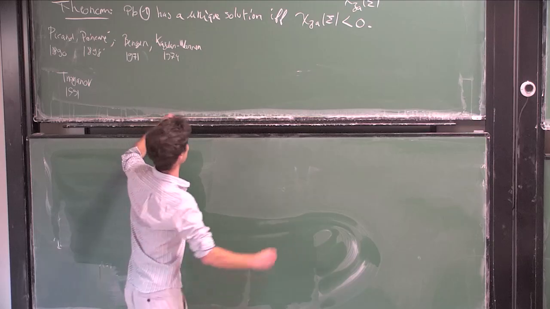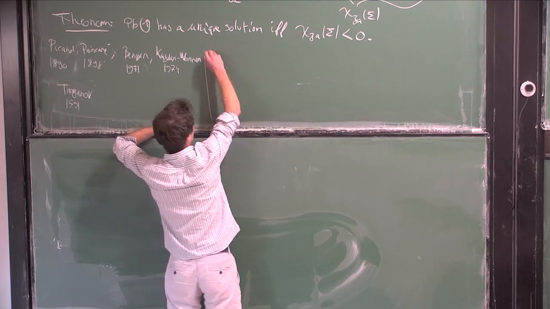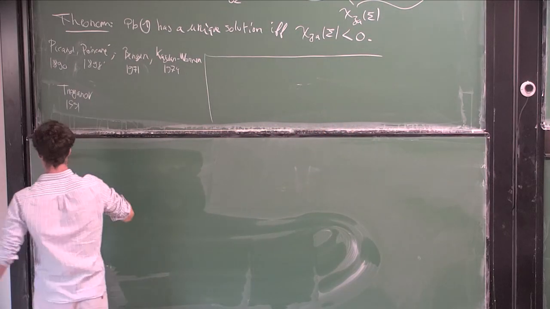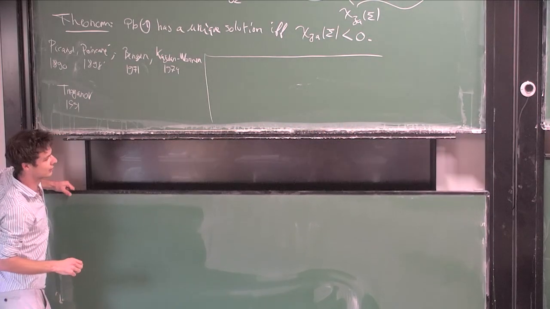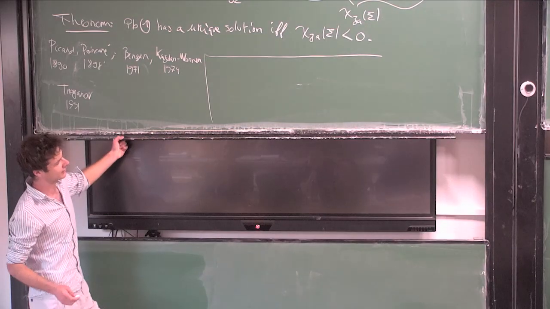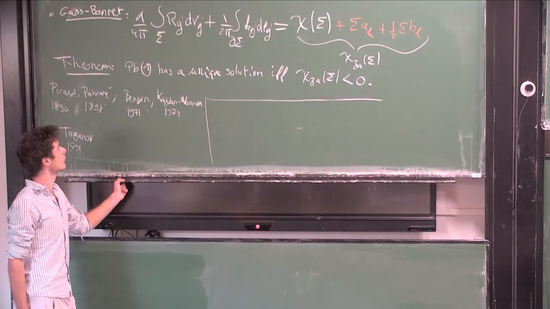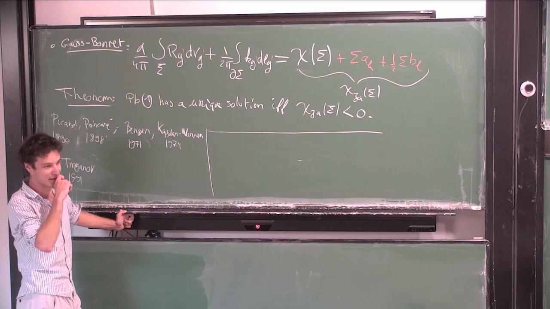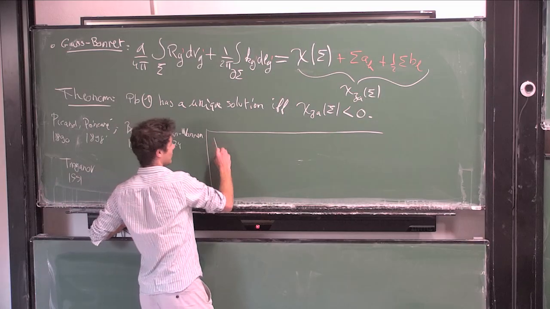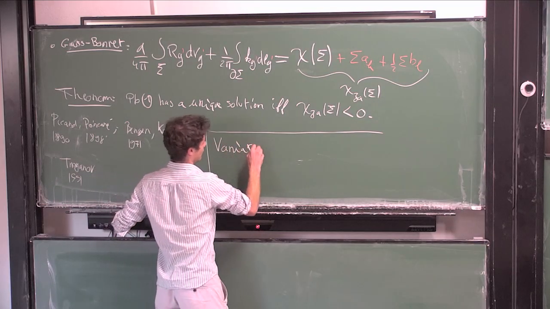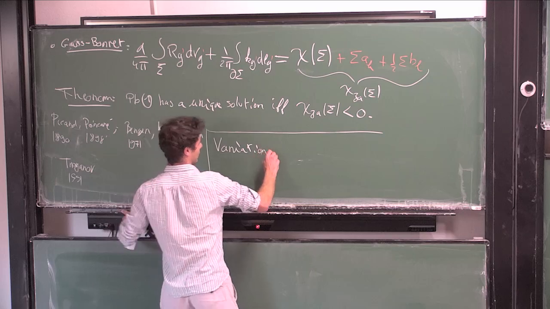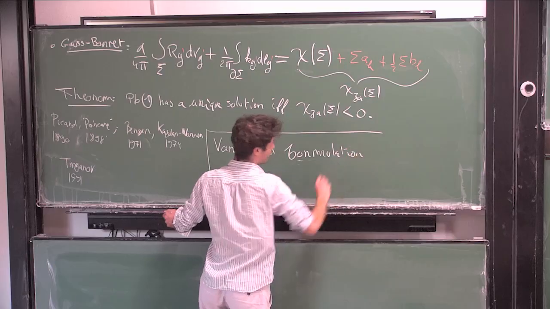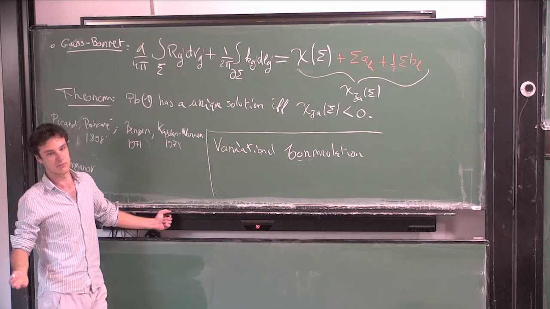So then, what kind of approach do you use to solve this problem? I think Picard and Poincaré used methods rather different from the ones that we use today. But actually, Poincaré in his essay already introduces the Liouville action. So you can formulate this problem variationally: you consider a functional over some functional space, and you want to find its minimizer.